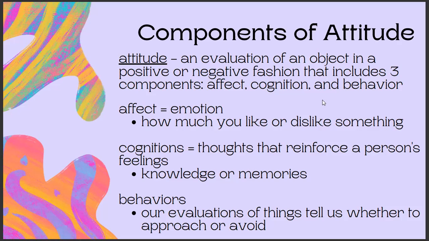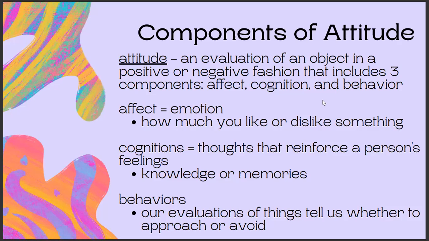So first, the affect, my emotions, how much I like or dislike something. I really like apples, especially with peanut butter or caramel, but by themselves they're good too. So my affect is I like them. My cognitions, thoughts that reinforce a person's feelings. I'll go with my memories.